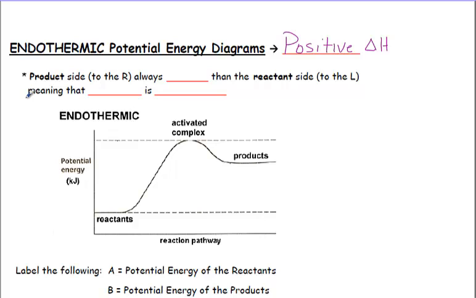So the product side to the right is always higher than the reactant side, which is to the left, meaning that energy is absorbed. So in a reaction, you would see the plus whatever kilojoules on the left-hand side because it's being absorbed.